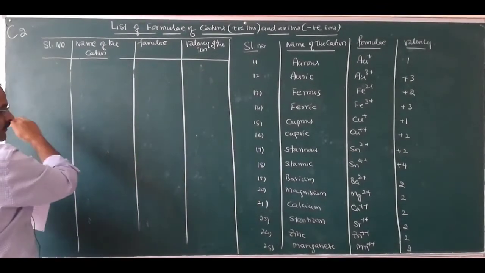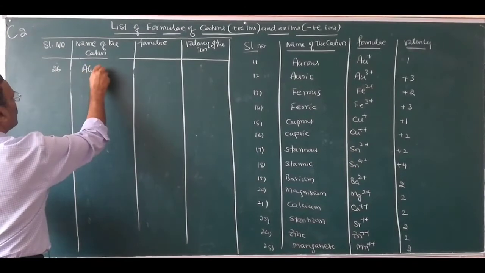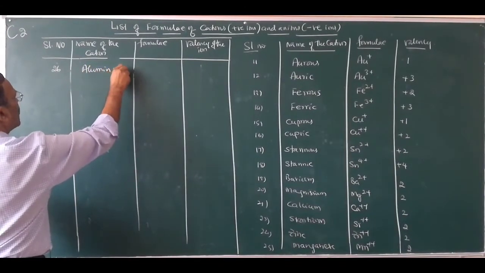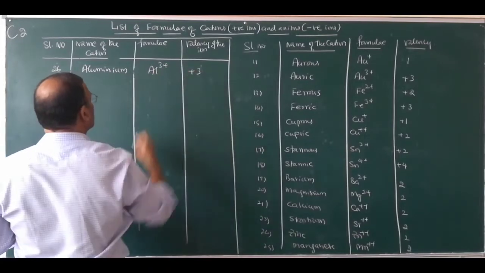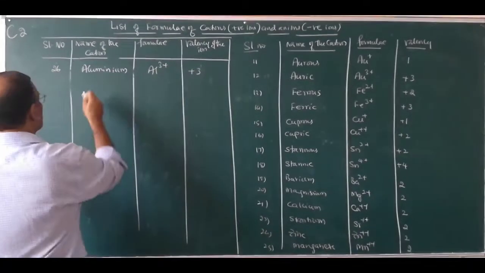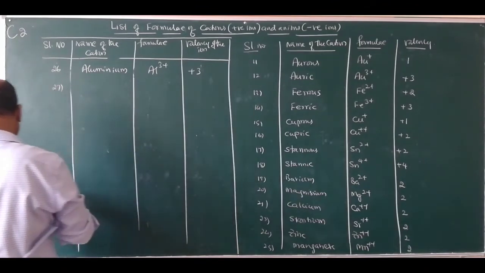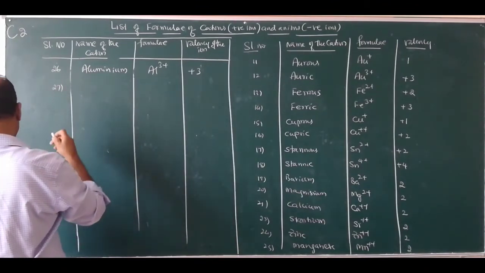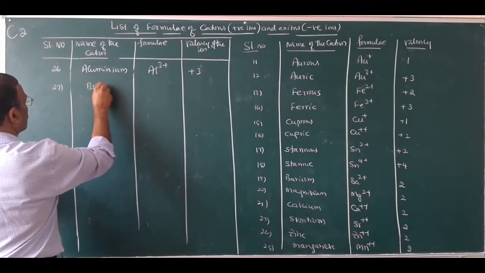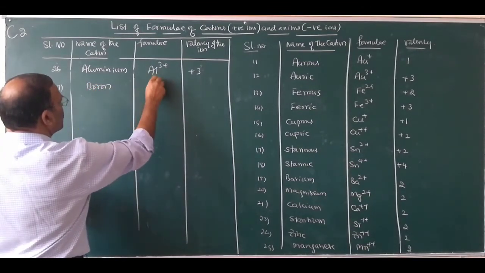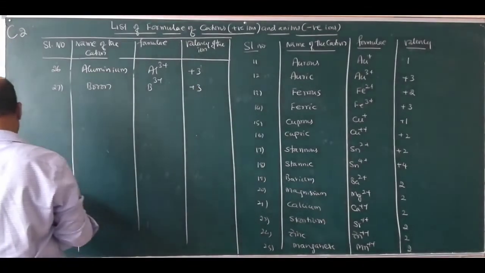And then 26, aluminium, this is Al3+, plus 3. 27, boron, B3+, plus 3.